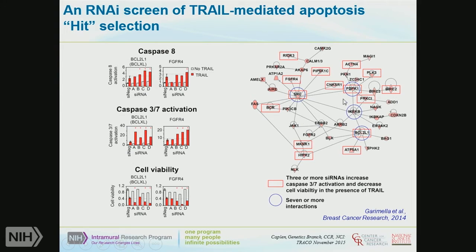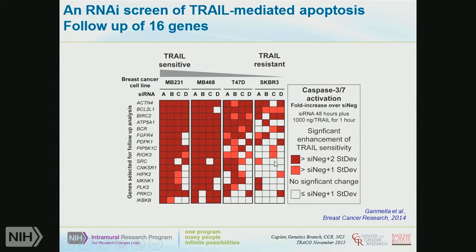So we ended up focusing on an inner core, if you like, of proteins that all seem to link together through other proteins that have been defined as required for TRAIL. And perhaps most importantly, when we silenced a lot of these, we were able to recapitulate the effects in MDA-MB-231 cells, but we could also take TRAIL-resistant cell lines and make them sensitive.